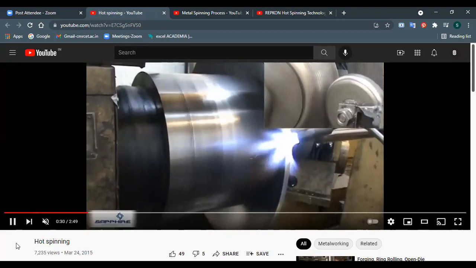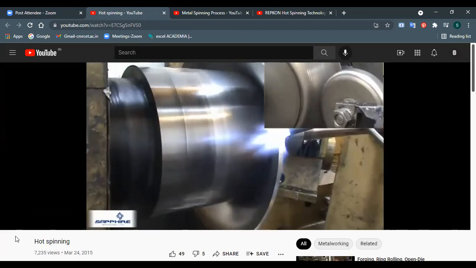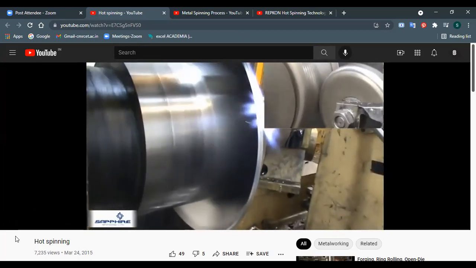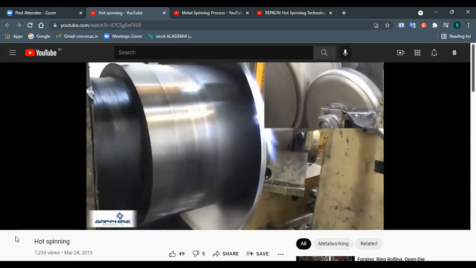You see how that is formed. We're heating it so that we can control the shape of that sheet.